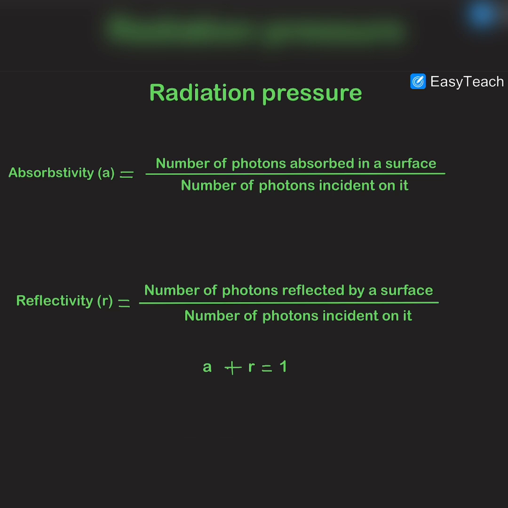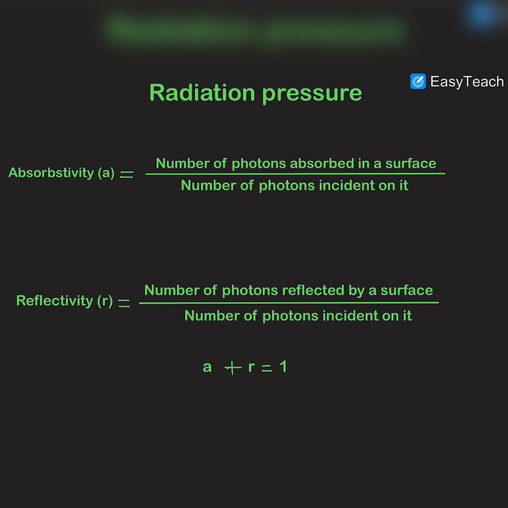Absorptivity is a unitless constant which is the ratio of the number of photons absorbed by any surface to the total number of photons incident on that surface.